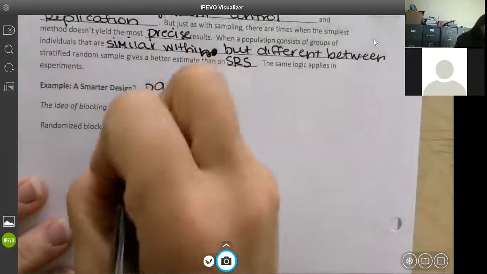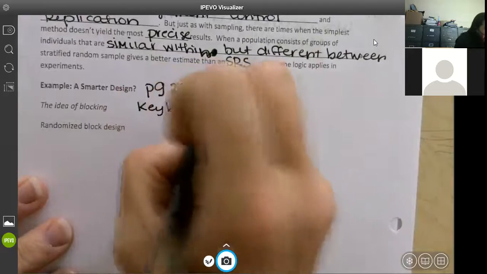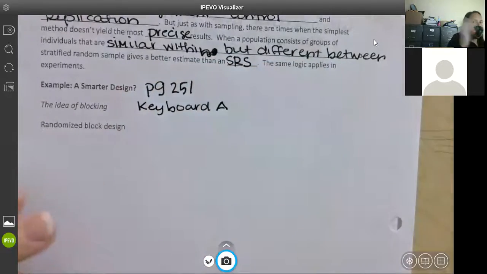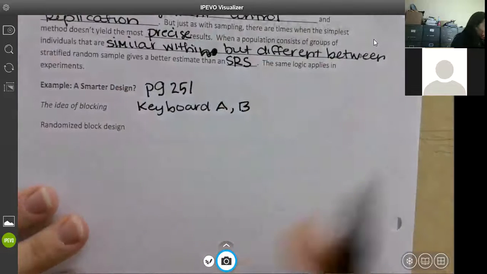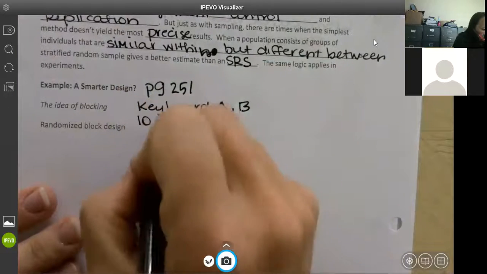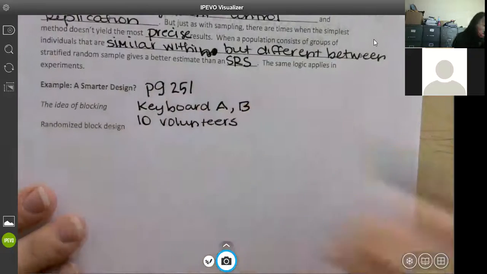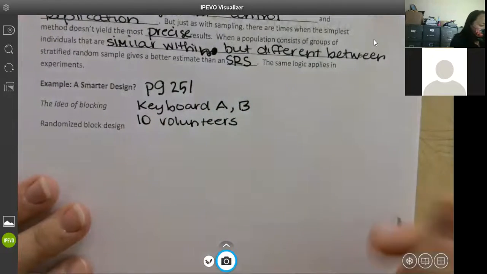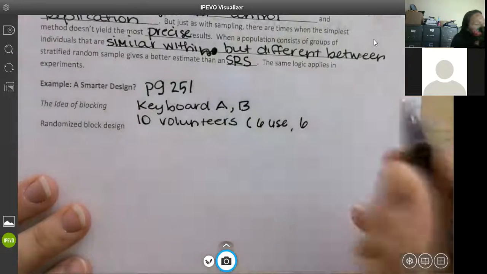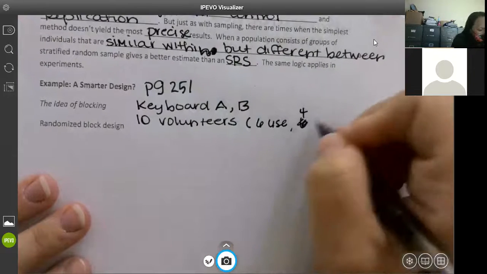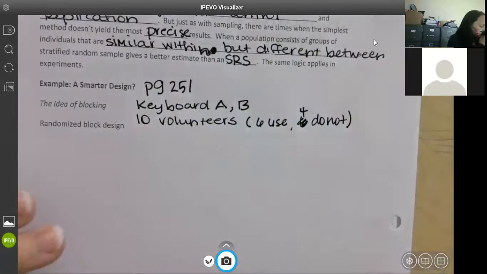So we have a couple things. This is just information for you. This is not really part of the thing. They have keyboard A and keyboard B. They had 10 volunteers. 4 used smartphones, 6 do not.